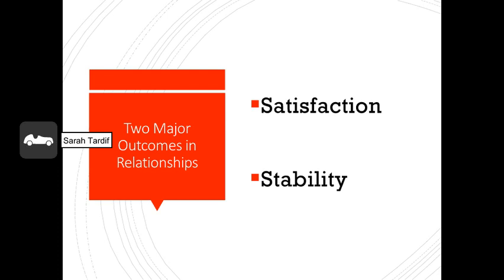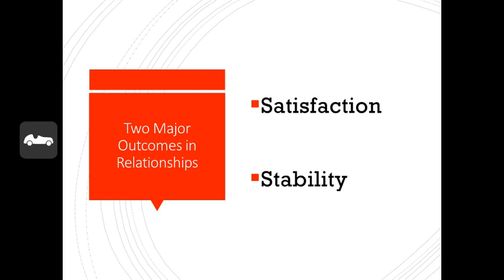Before we dive into this theoretical perspective, I just want to zoom out and point out that this is a theory that looks at adult romantic relationships. And typically in relational research, regardless of what theory is being applied or used, there are generally two major outcomes that relational research is interested in, and that is satisfaction and stability.